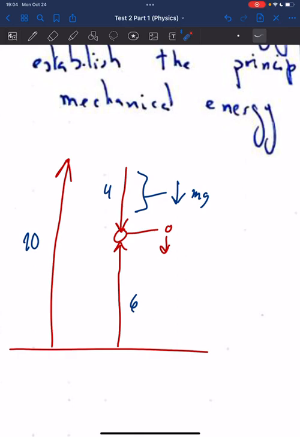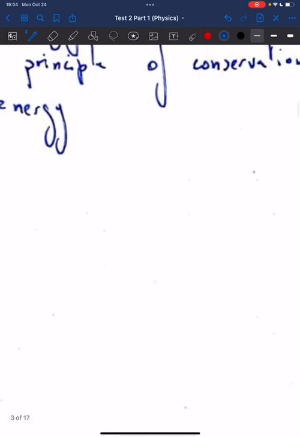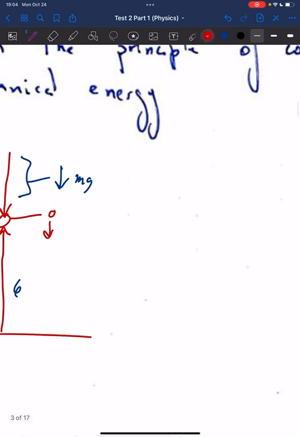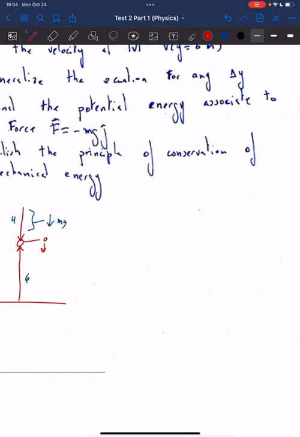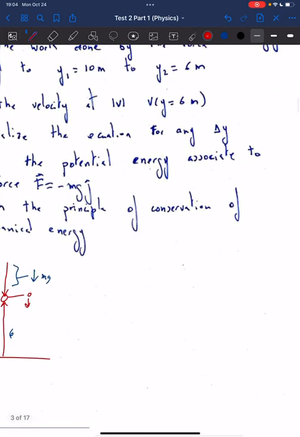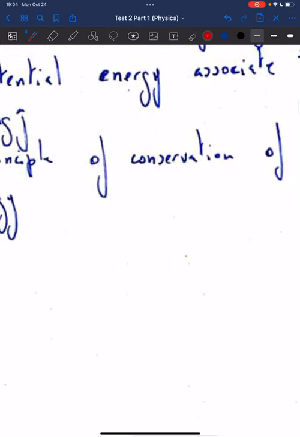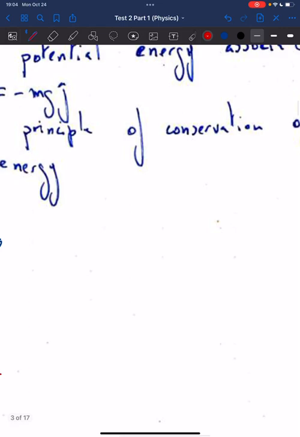Now we're going to do the second example, part B, which says find the velocity at y equals 6 meters. So we said work was the change of kinetic energy. So we're going to write that down.